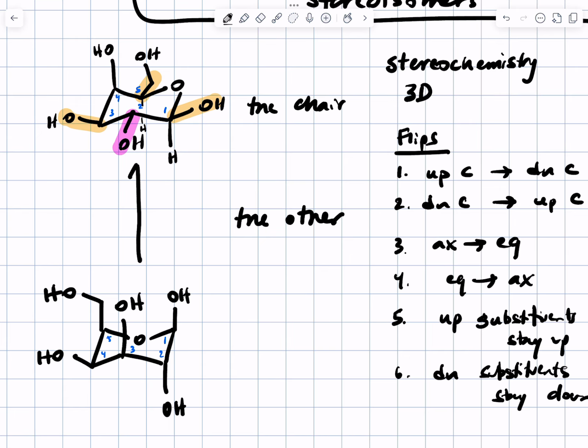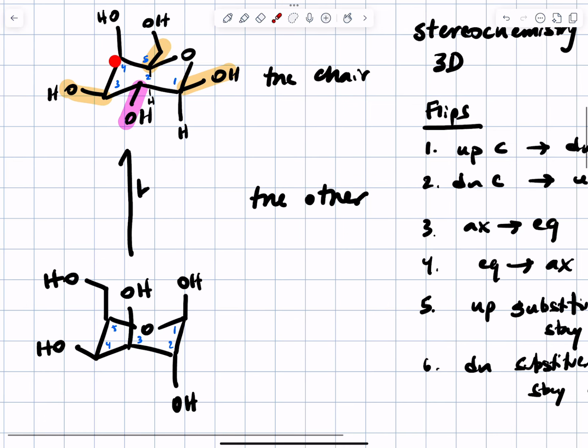So we'll draw a big arrow there and a smaller arrow there, equilibrium arrows. Notice that I've drawn the chairs in the exact same orientation, but notice that what used to be at an up position in the ring is now at a down position. If you get that right, you're well on your way.